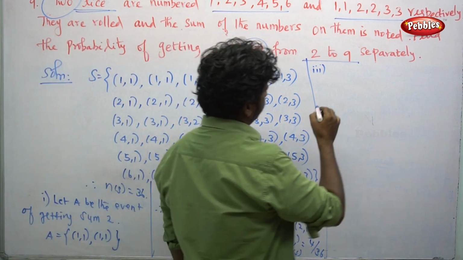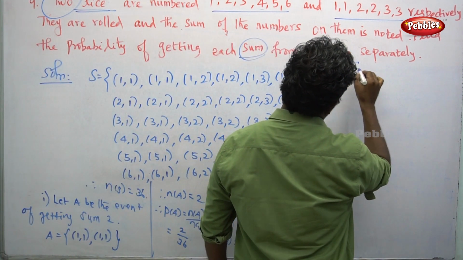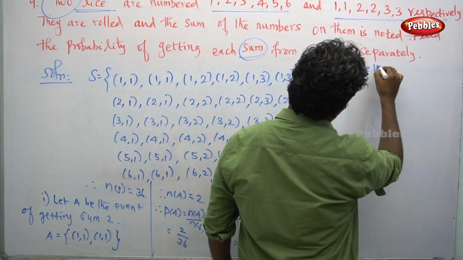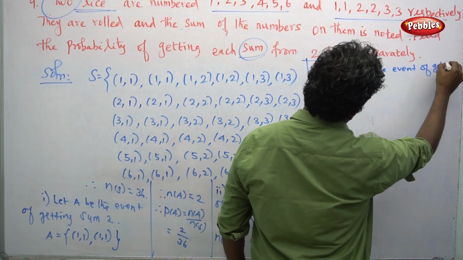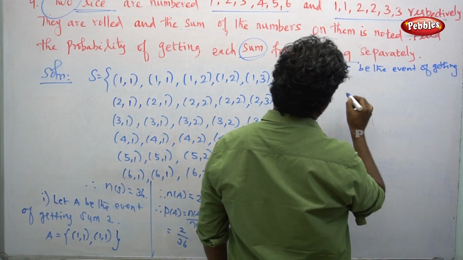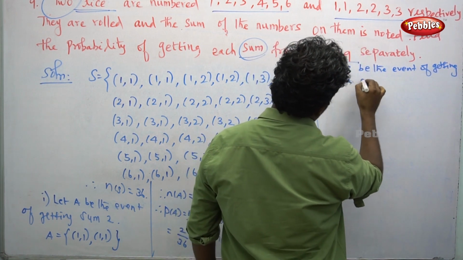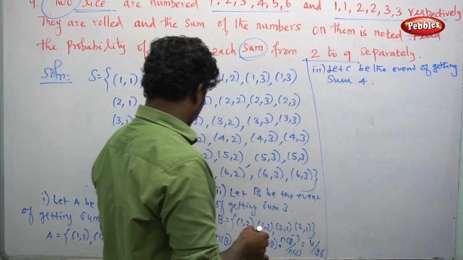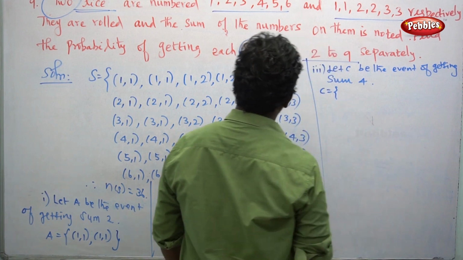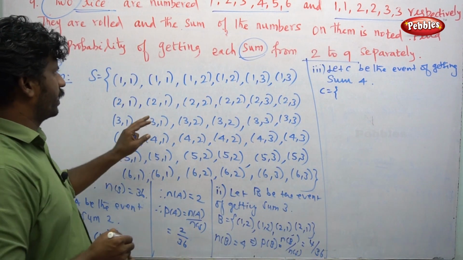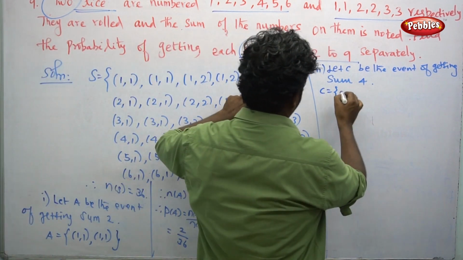அடுத்து 4. Let C be the event of getting sum 4. அடுத்து 3 போட்டோம் இல்லையா? ஸோ இப்போ 4. இப்போ பாருங்கள், set C is equal to, 4 வரணும். அப்போ என்ன வரும்? 1, 3, right?